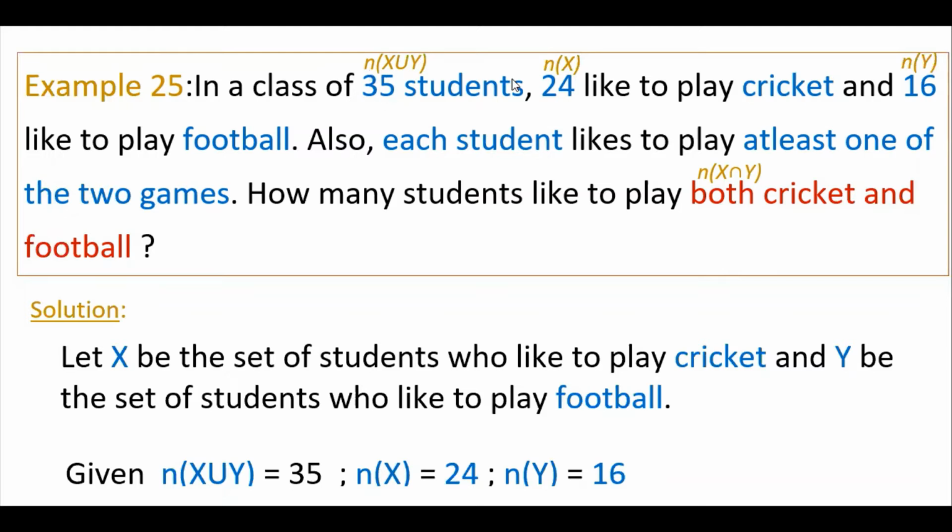So n of X union Y. For example, if you assume the set of students who like to play cricket is X, and who like to play football is Y, then n of X is 24 and n of Y is 16 and n of X union Y is 35. And here we have to find how many students like to play both cricket and football. So n of X intersection Y you have to find.